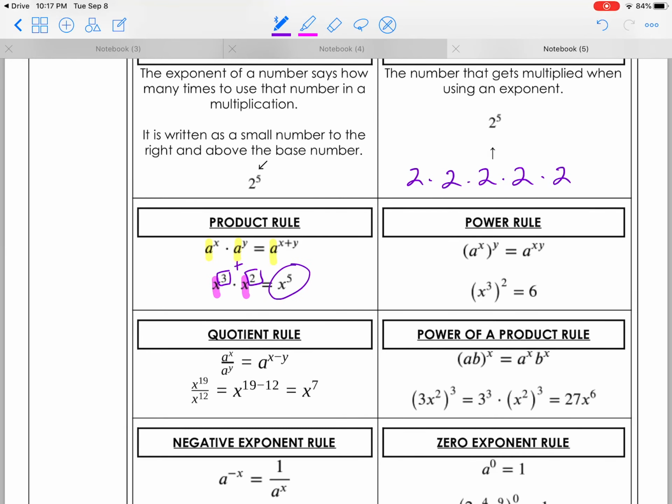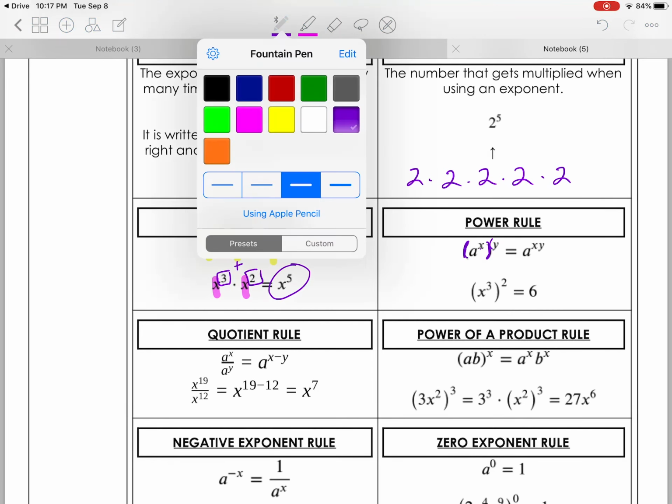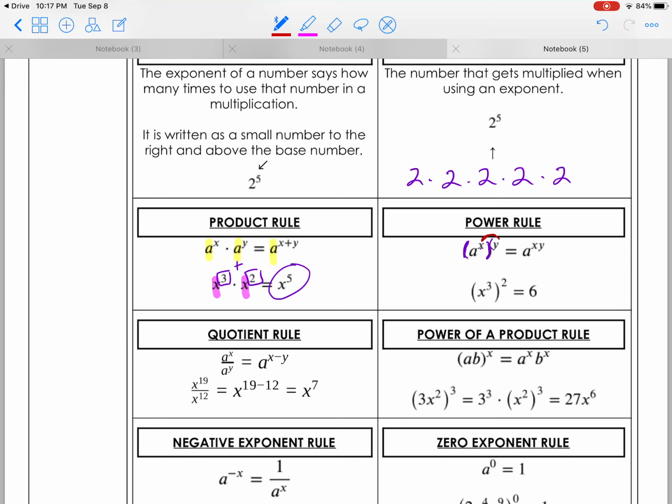The power rule is if I have a base to an exponent like a to the x, and then that whole thing is raised to another exponent. The power rule tells me that I'm going to take these two exponents and multiply them together. So I would take the x and the y and multiply them together.